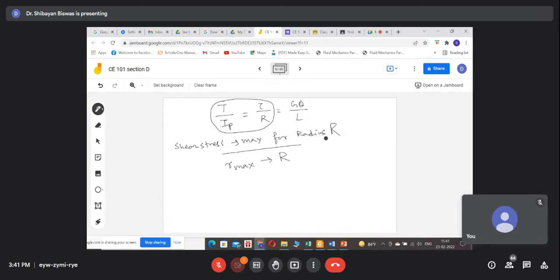Because that's the greatest radius. For the capital R value, that is the maximum radius, shear stress becomes maximum.